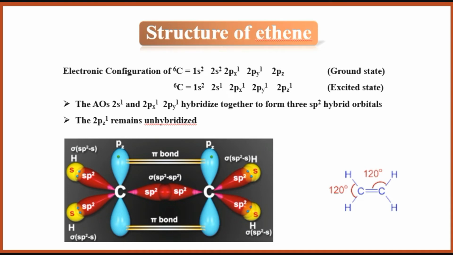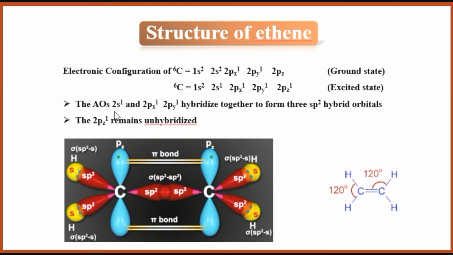In the case of this ethene molecule, every carbon atom has the electronic configuration same like before. At the ground state, the 2pz orbital would be empty, and at the excited state, the 2s, 2px, 2py and 2pz orbitals would be partially filled.